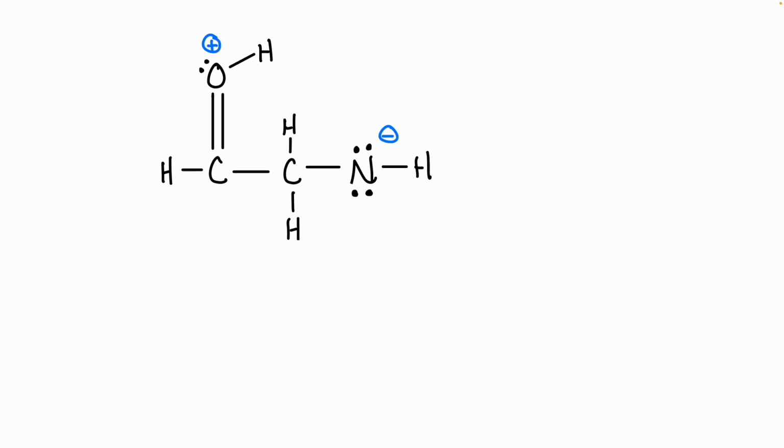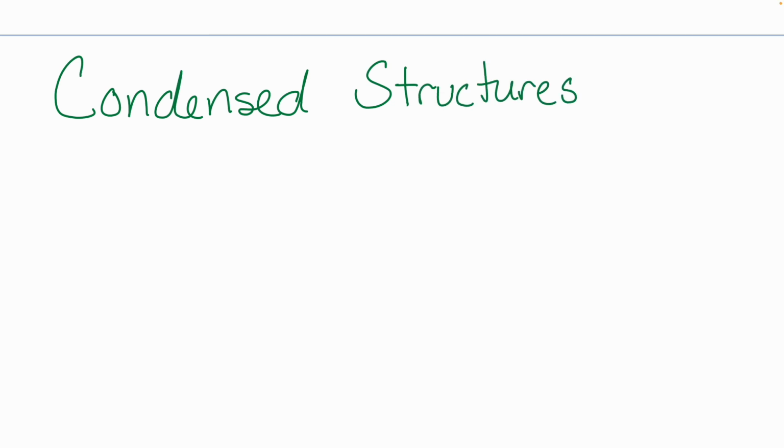Okay. All right, so what I tried to jump into here was one of our more advanced representations for chemical structures. The first one that we're going to cover is what are called condensed structures. This is how we can represent the chemical structure of an organic molecule unambiguously, but all written in one line, okay?